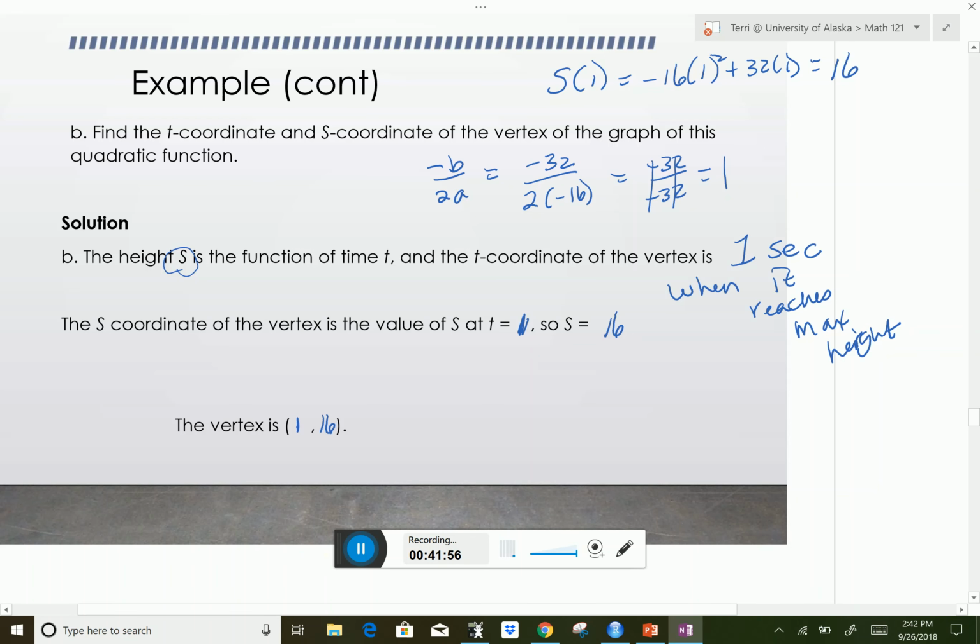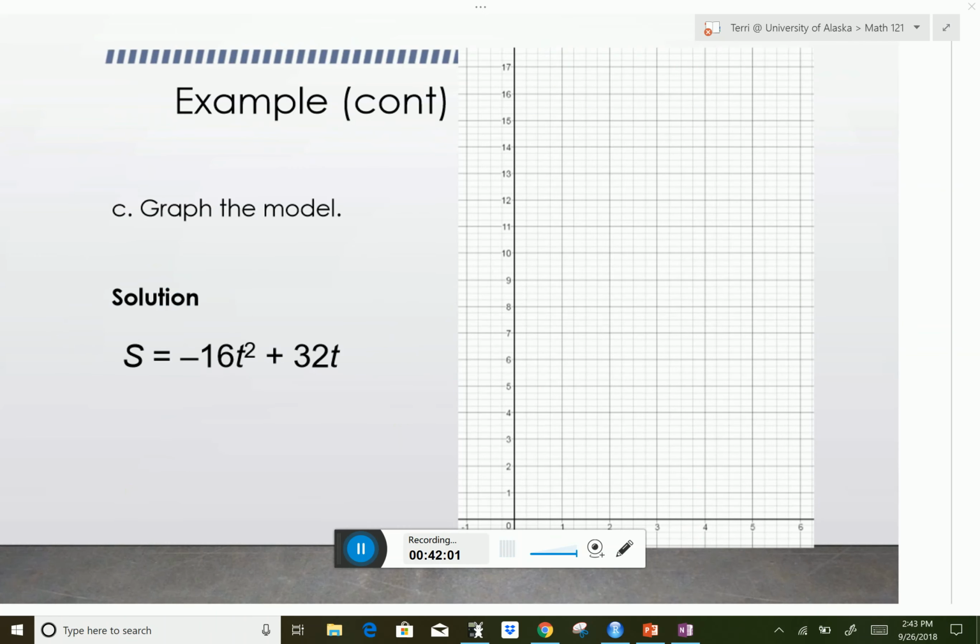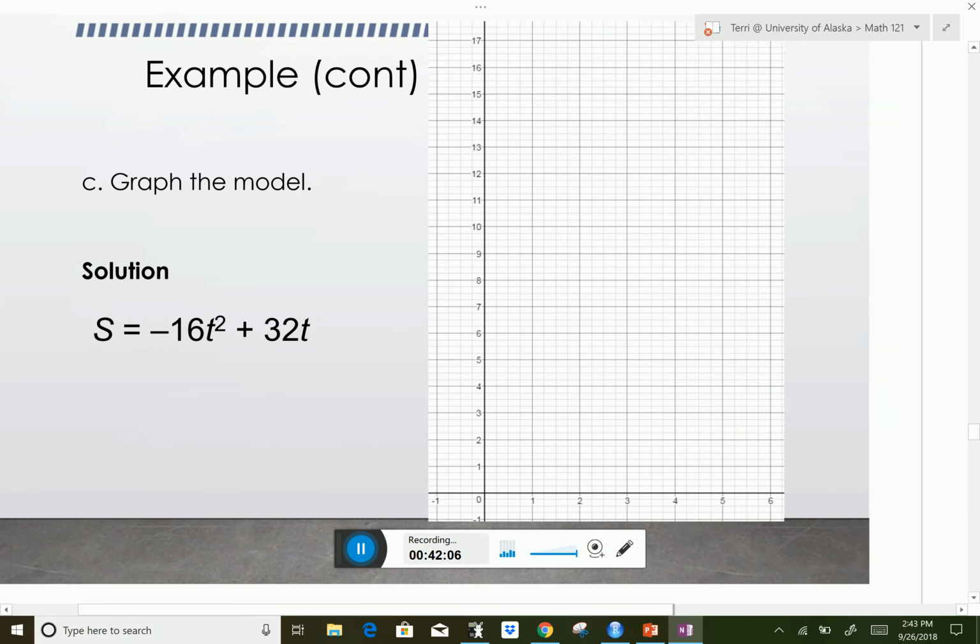Okay, and for some reason this doesn't want to move, does it? Okay. So finally, we're going to graph this model that we just made. So we know that at 1 second, we are at 16. So we know that's the vertex. And we can see that if t was 0, we would be at 0. We can also set this equal to 0, oops, not 16 squared, t squared.